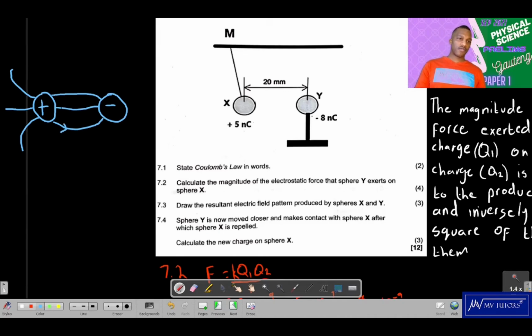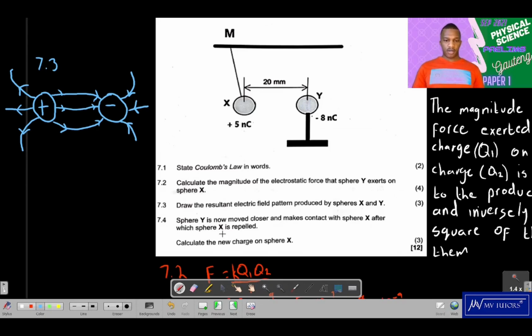They flow out from positive to negative, like that. So moving out, moving out, moving out. But here on the negative, we know that they are moving in, moving in, moving in. That's it. This is 7.3.